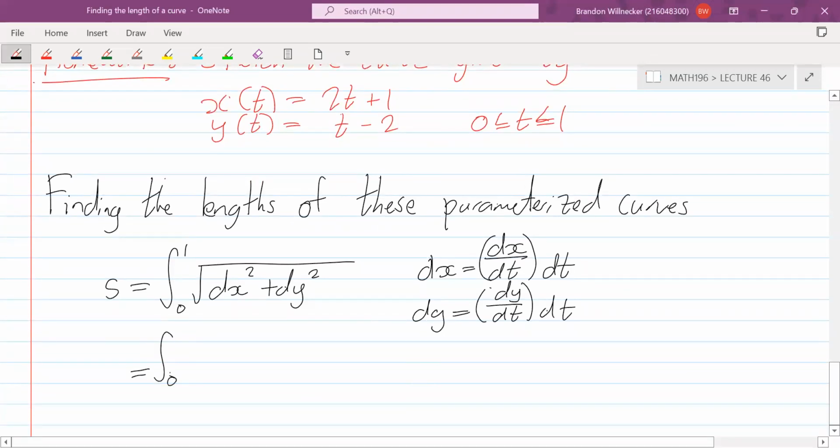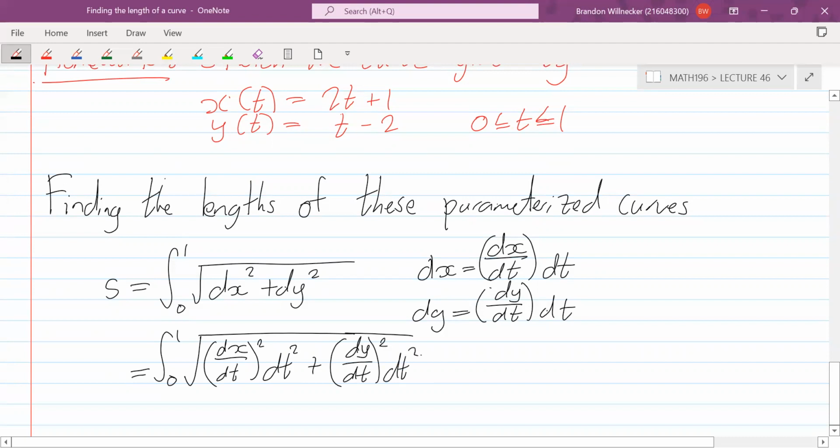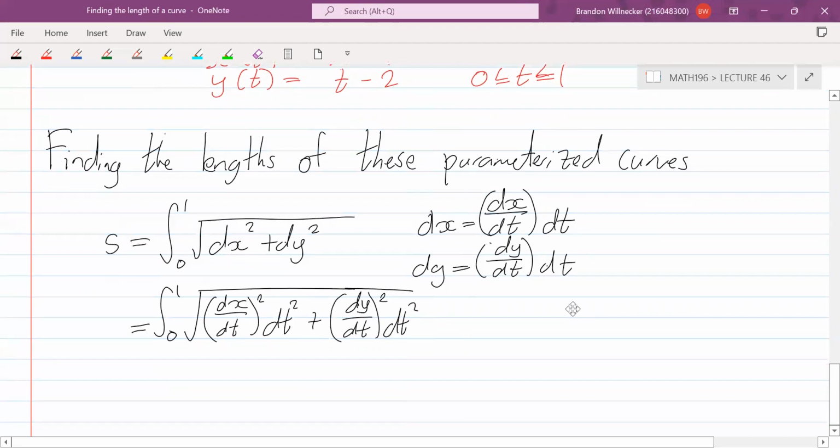So this will be the integral from 0 to 1, square root of dx by dt squared, dt squared, plus dy by dt squared, dt squared. Now this dt squared we can take out.